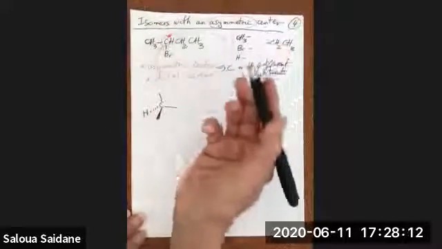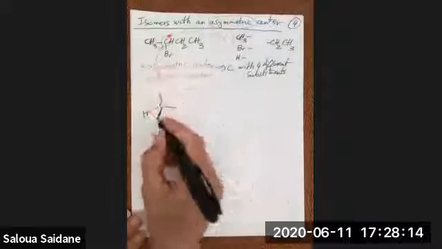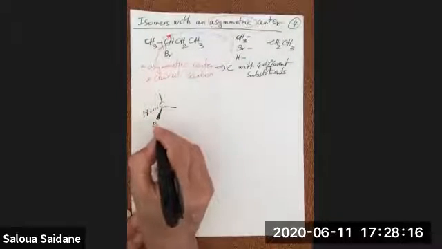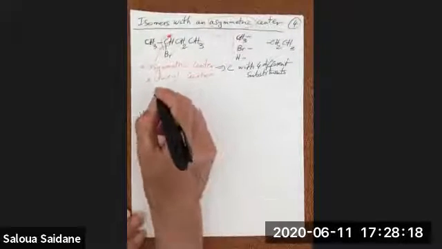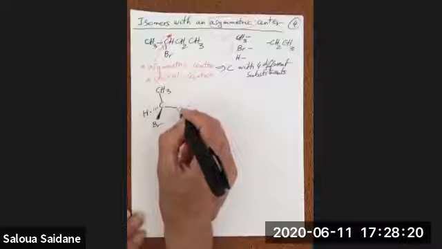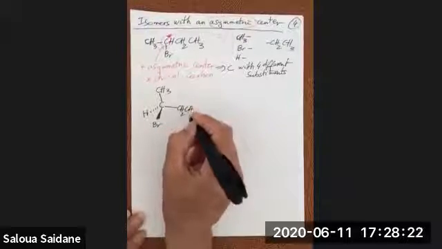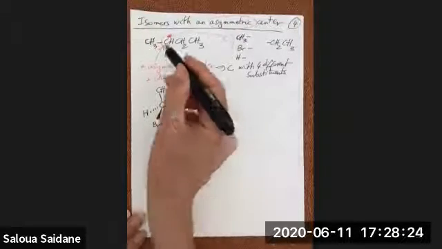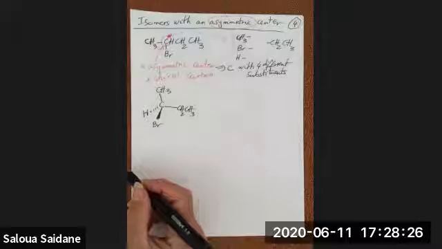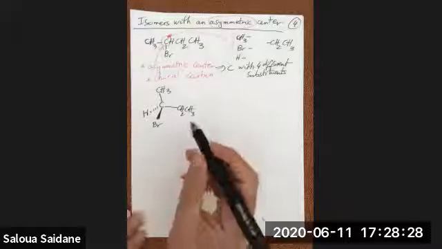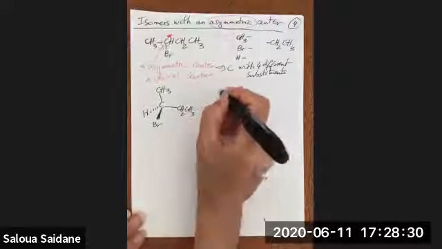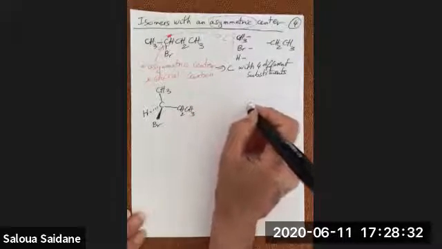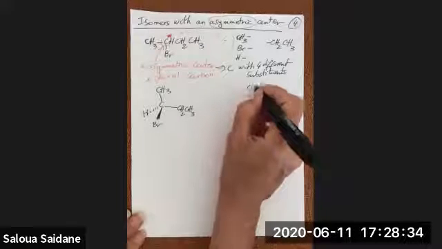At this moment, I don't know the real position, but it's okay. And then I can put the bromine here. I can put the CH3 here, and I put CH2, CH3. So that's one way of representing this molecule. But this molecule also can be represented like this.